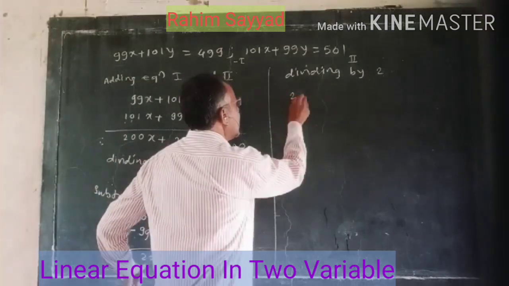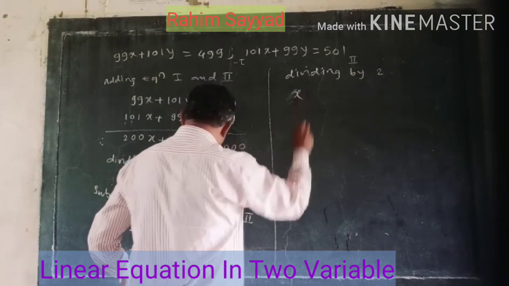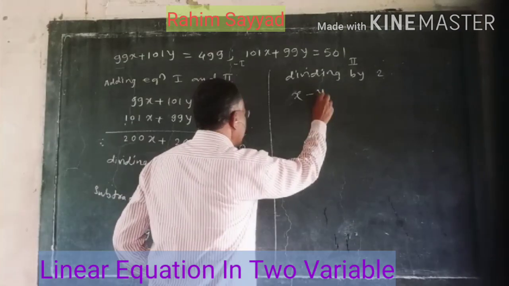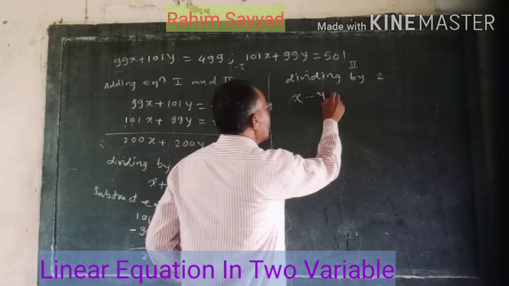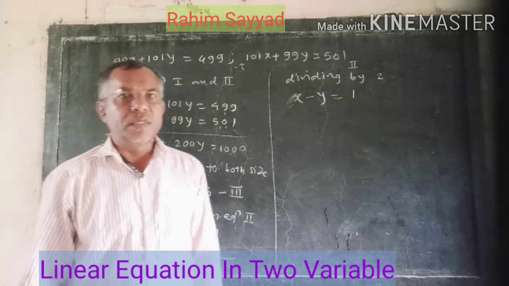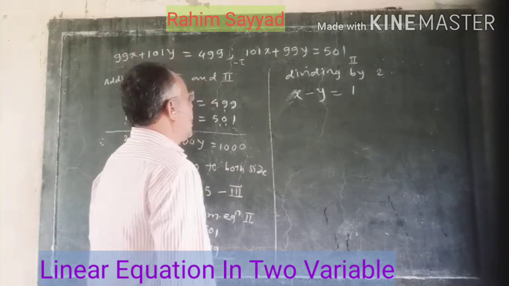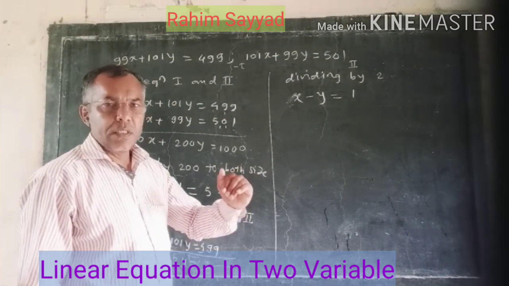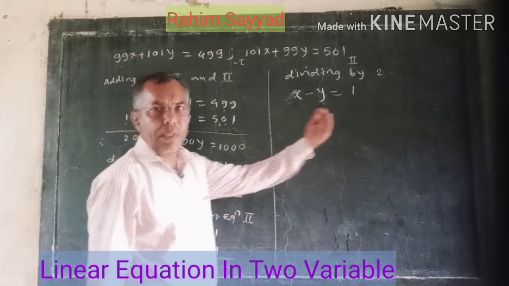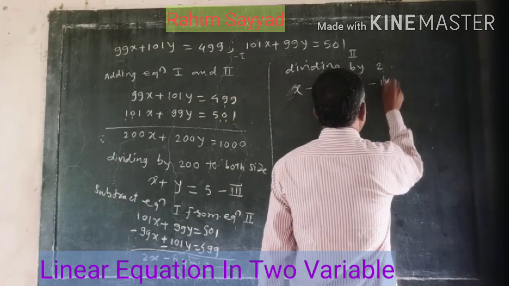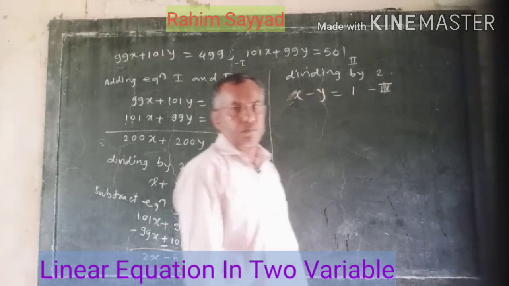Only x remains here, and the 2 gets cancelled, so minus y remains, is equal to, the 2 gets cancelled, 1 remains, that is 2 ones are 2. Now you have got the new equation. Give the number to this equation, equation number 4.